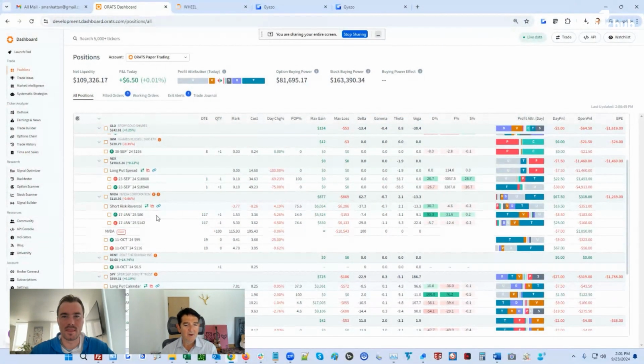Absolutely. All right, so we had an NVIDIA trade, short risk reversal, which is basically we buy the put and sell the call. We did that for 26 cents of credit. It went against us $3.50, we'll say, but our stock went up $10.